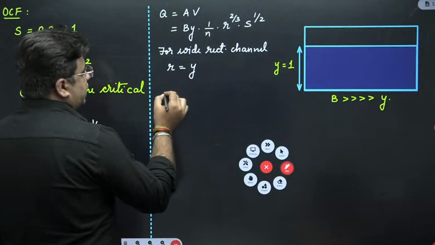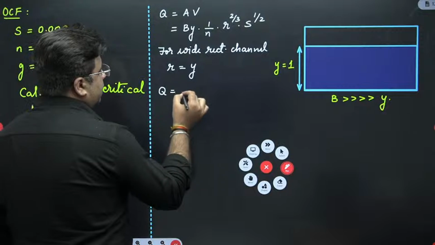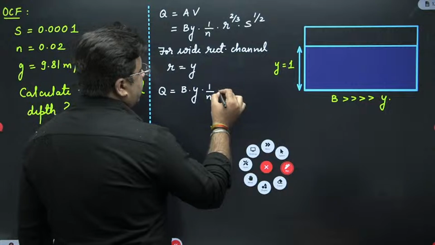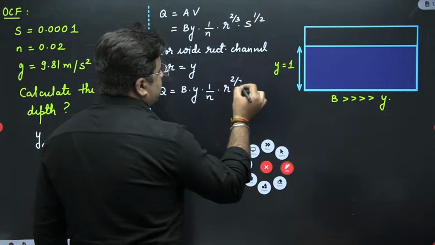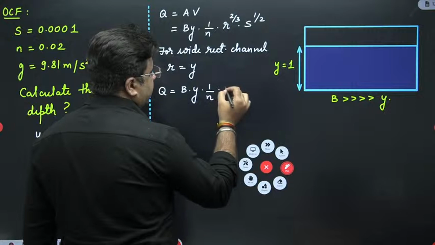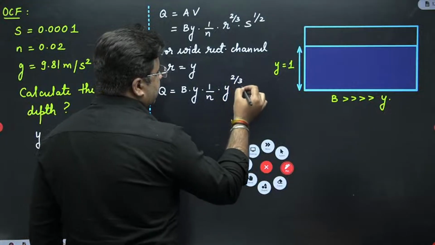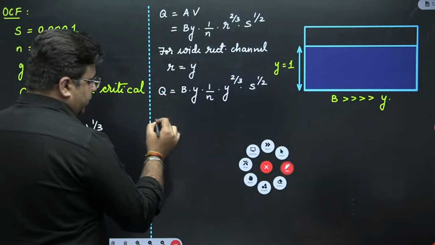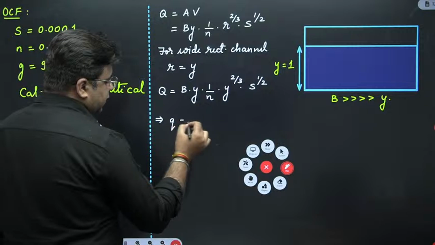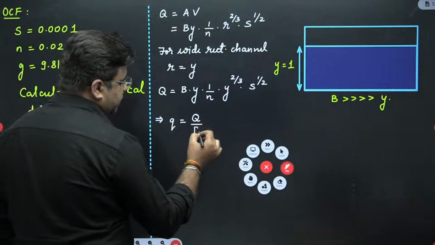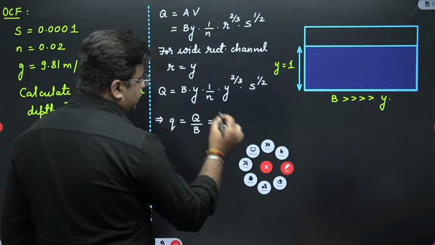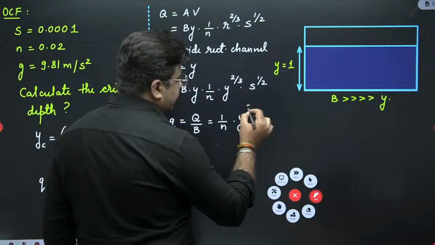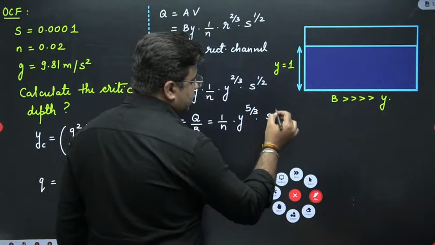So you can substitute here. Q is equal to B into y into 1 by n into y raised to the power 2 by 3 into S raised to the power 1 by 2. So this Q by B will become small q. So small q, discharge per unit width, is equal to Q by B, is equal to 1 upon n into y raised to the power 5 by 3 into S raised to the power 1 by 2.